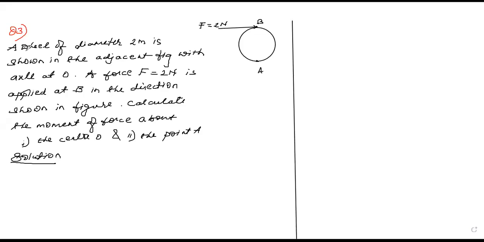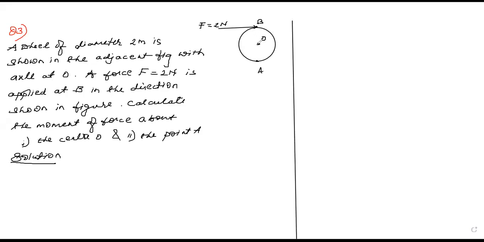Question number 3, children. A wheel of diameter 2 meter is shown in the adjacent figure with the axle at O. Here is O. Axle means a rod will pass through O, and the wheel will rotate on the rod. That rod is called an axle.